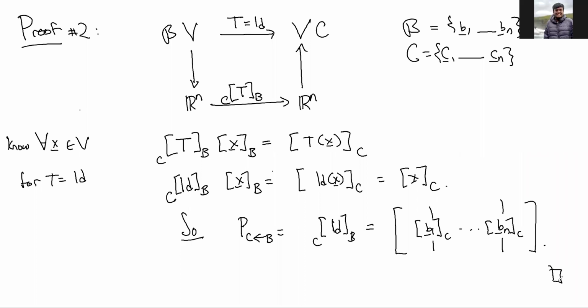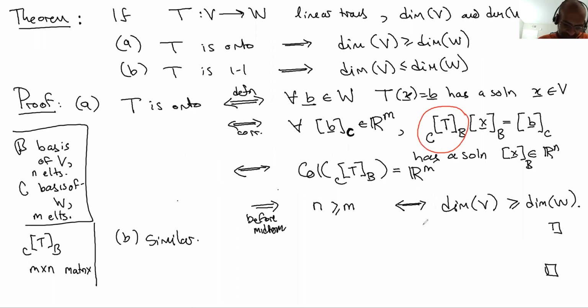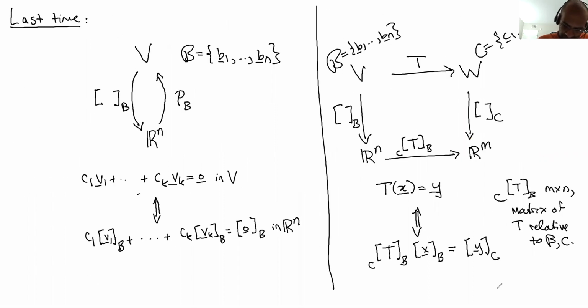So are we just applying the transformation on the basis B, and then that converts it to the C basis? If you follow what we reviewed from the last lecture, how do you write a linear transformation as a matrix?